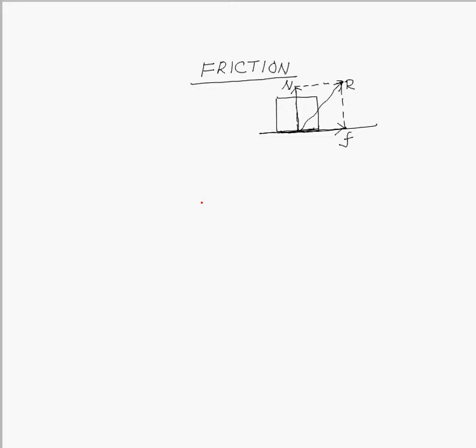Let us take a simple example. Suppose on a rough horizontal floor a 50 kg box is placed, and we are pushing it with a horizontal force of say 50 Newton, and the box is not moving.